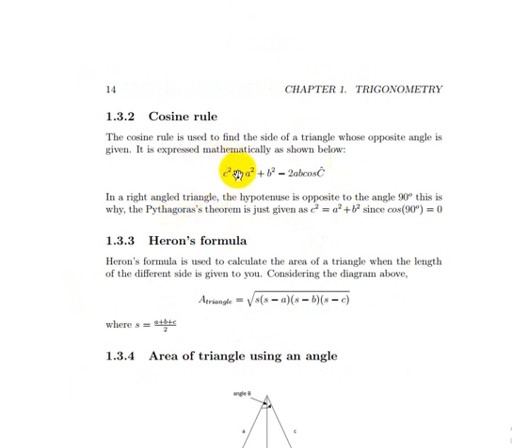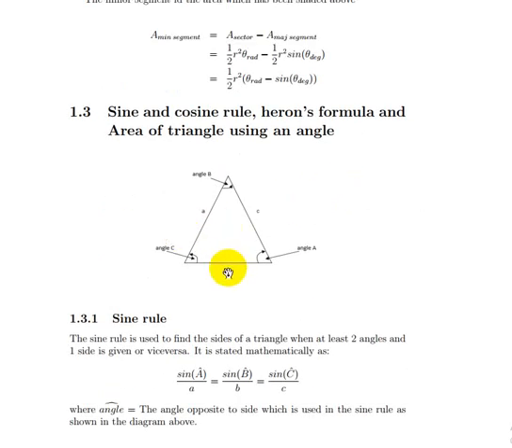So C squared is going to be A squared plus B squared minus 2AB cos of the angle C. It's going to be C squared equals A squared plus B squared minus 2AB cos of angle C. So let's say this one is 1 centimeter and this one is 2 centimeters.